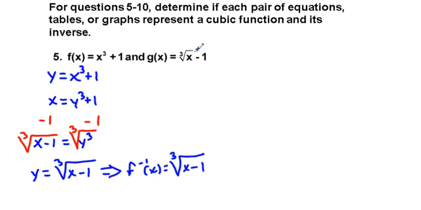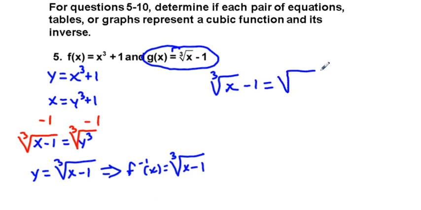And so now we just compare. We have this function up here, g of x equals the cube root of x, minus 1. So we ask ourselves the question, is the cube root of x minus 1 equal to the cube root here of x minus 1?